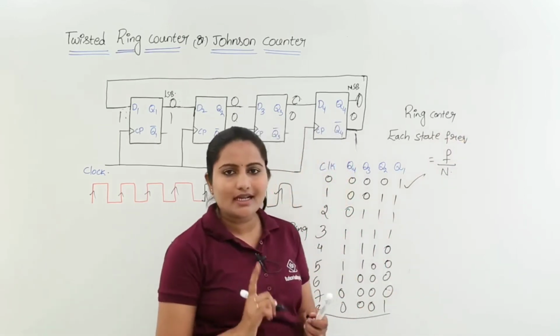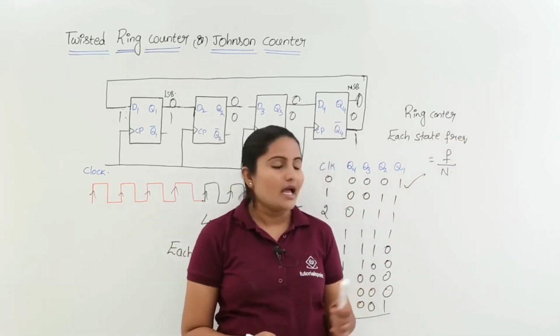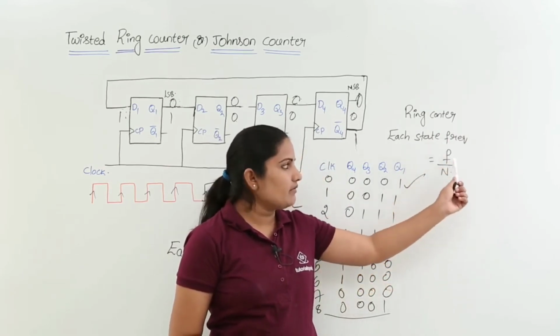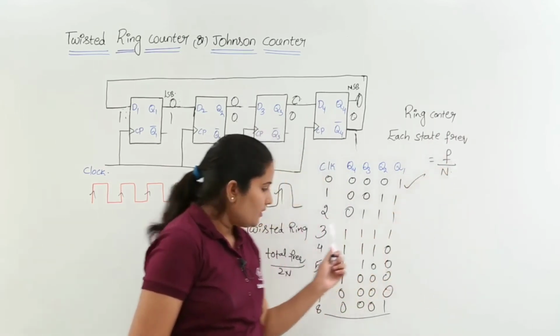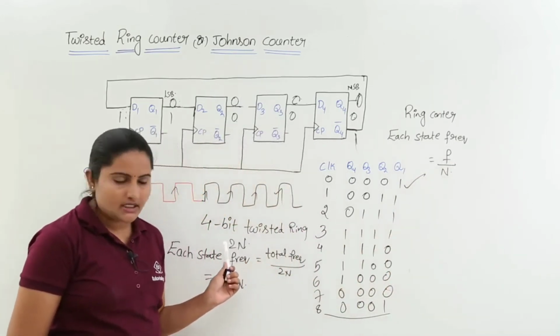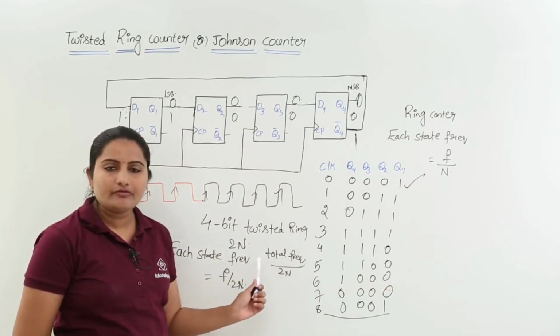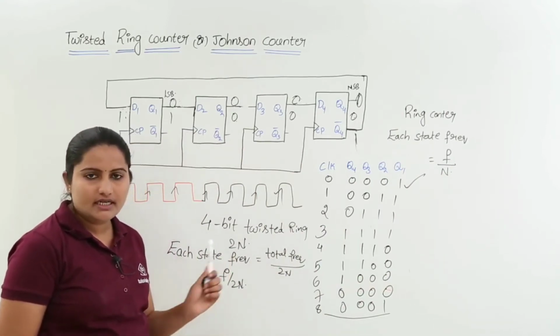In a normal ring counter and shift register counter, as the total number of states is n, each state frequency is equal to f by n. For a twisted ring counter or Johnson counter, each state frequency is equivalent to total frequency by 2n, as the number of states is 2n.